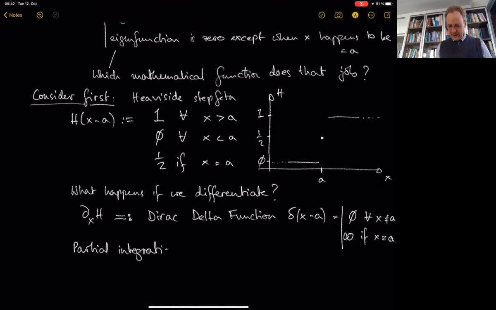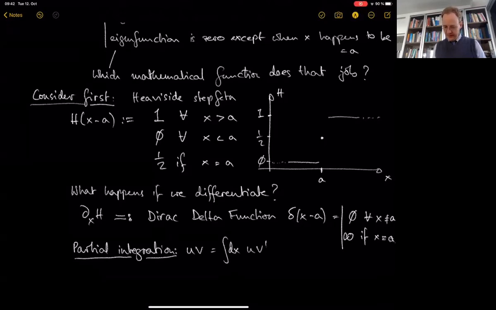We already made use of partial integration when we discussed the momentum operator and how it's Hermitian, and we'll do that here again. So for two functions u and v, the integral of u v prime is equal to the boundary term minus the integral of u prime v.